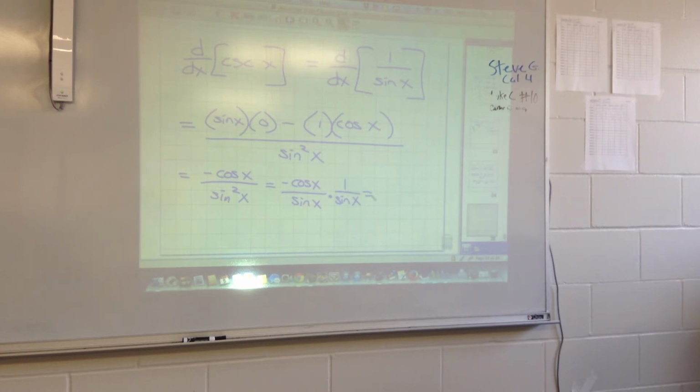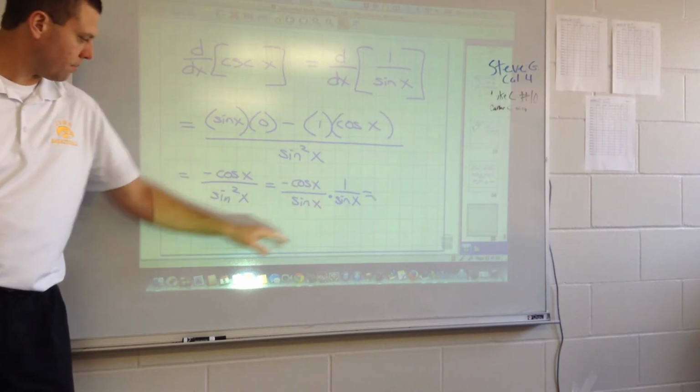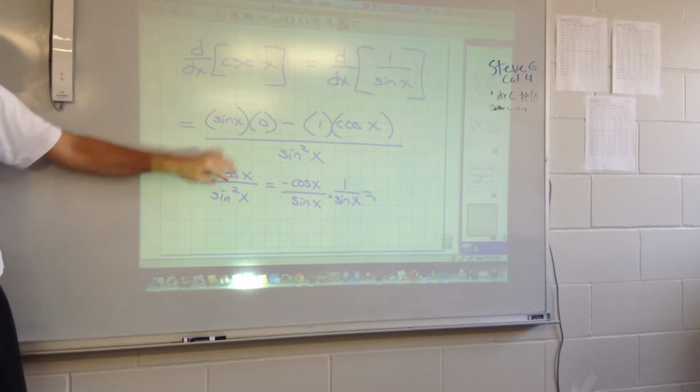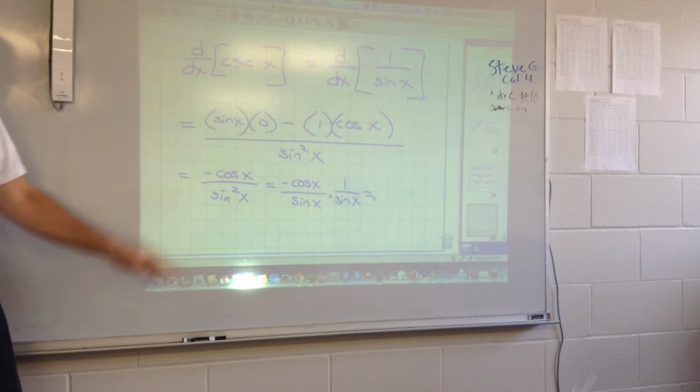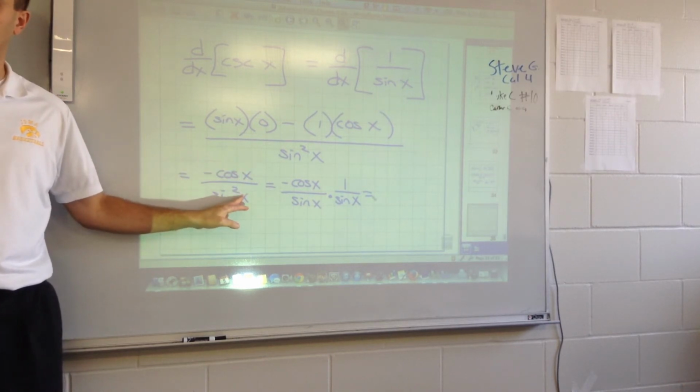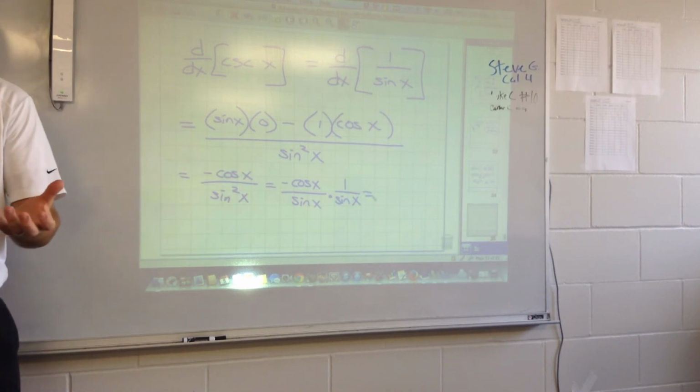What I want to do is write this as two trig functions. I separated it because you can't really simplify one that's not a power of 2 and the other one that is a power of 2. If I had cosine squared over sine squared, that would be cotangent squared.